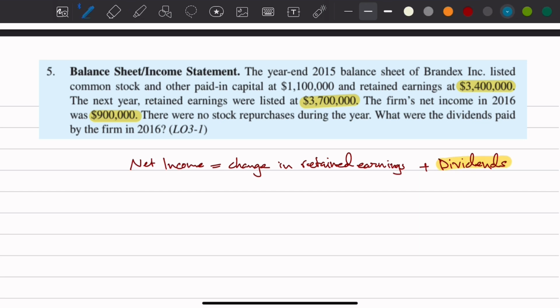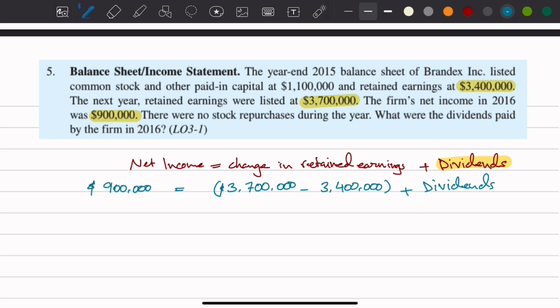So let's substitute in our formula. 900,000 is going to equal delta of retained earnings, which is 3.7 million minus 3.4 million, plus dividends.